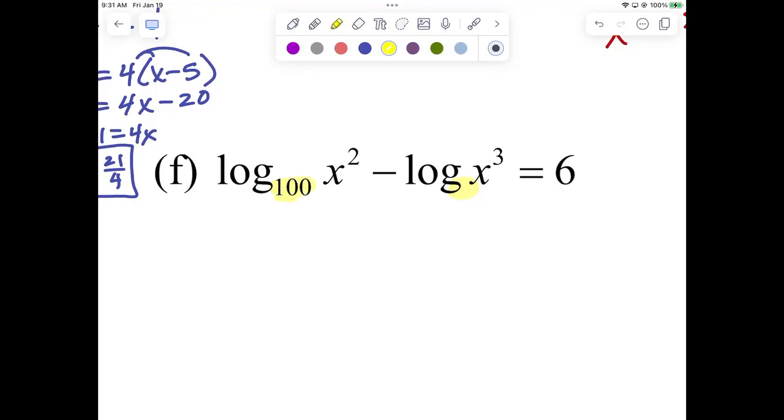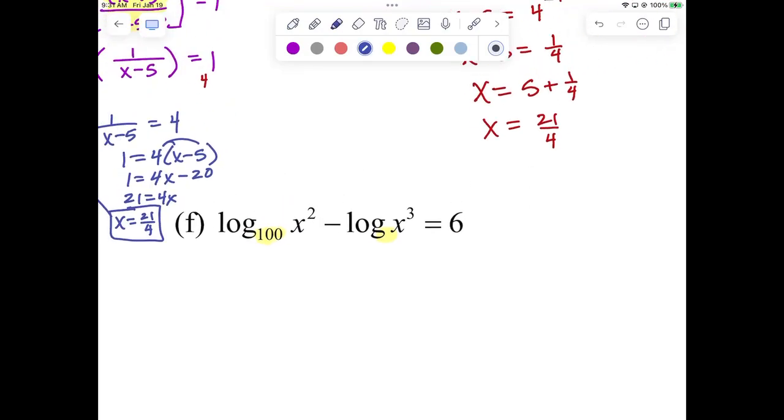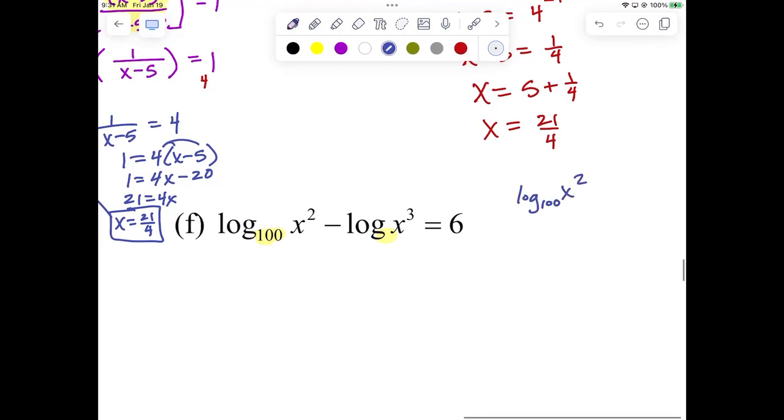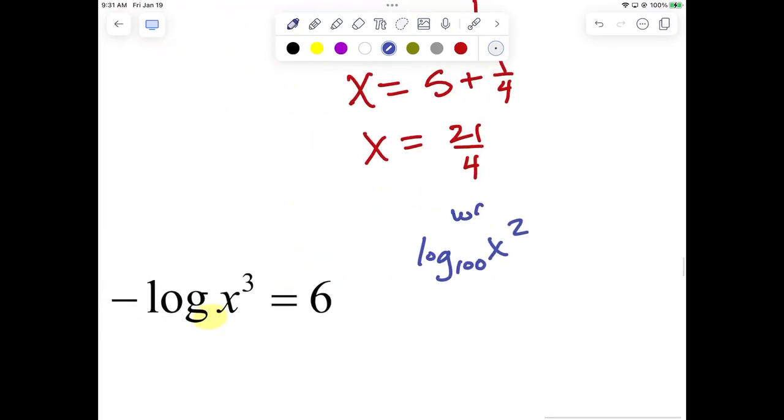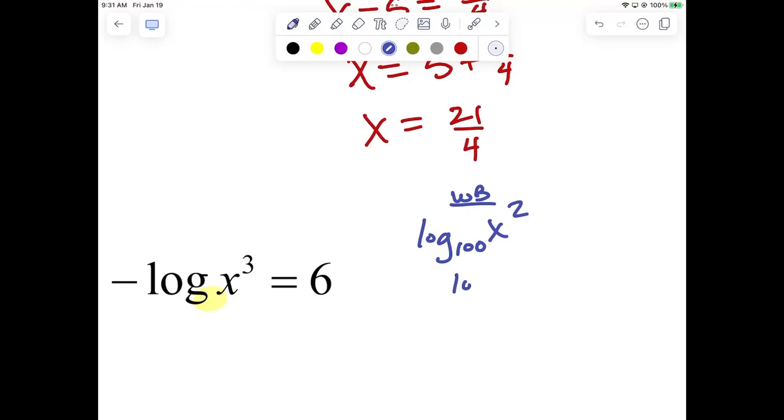So let's go up to the side so we don't have to keep writing everything down. I just want to focus on log base 100 of x squared. So here I am on my workbench. Let's use the change of base formula and write it in terms of base 10. So that's log of x squared over log of 100.